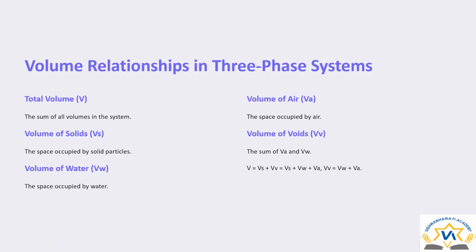The total volume of voids is calculated as the sum of the volume of air plus the volume of water. These are the main definitions of the volume relationship present in this slide, the volume relationship in the three-phase system.